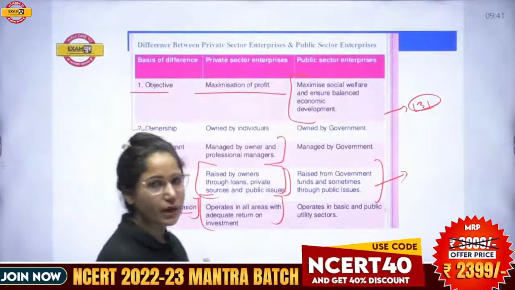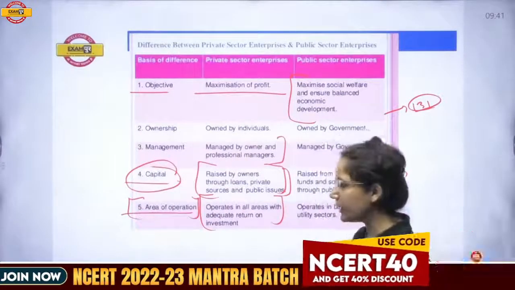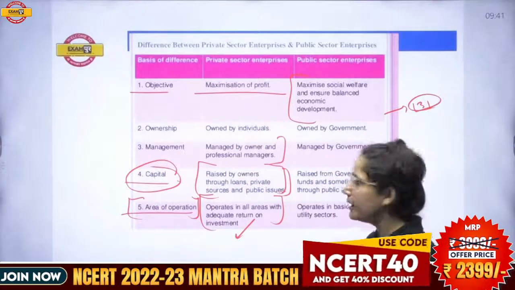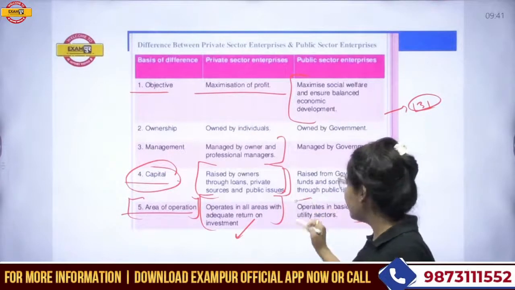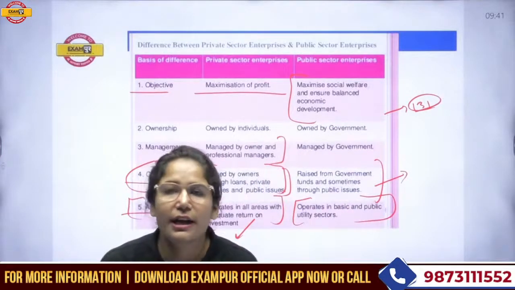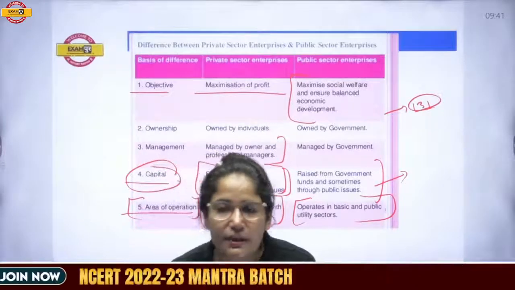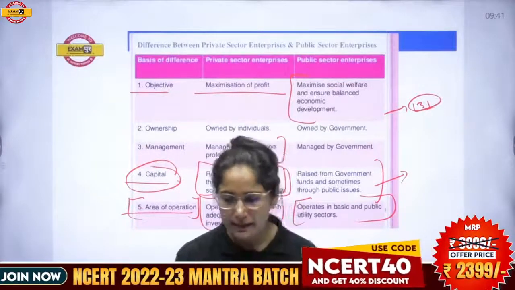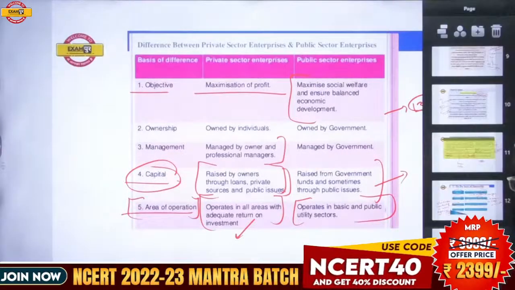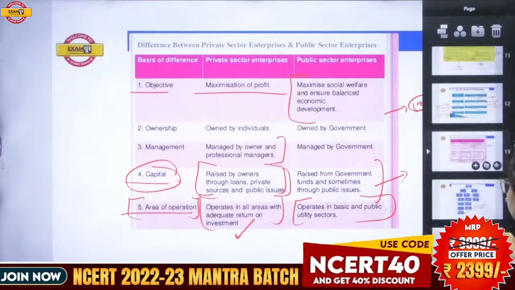Their main objective is to earn profit only, not to take care of the capital, but to earn returns on the investment. Public sector's most important criterion is whether things are within reach or not, whether the basic necessity is being fulfilled or not. This is the basic welfare point of view they are taking care of.